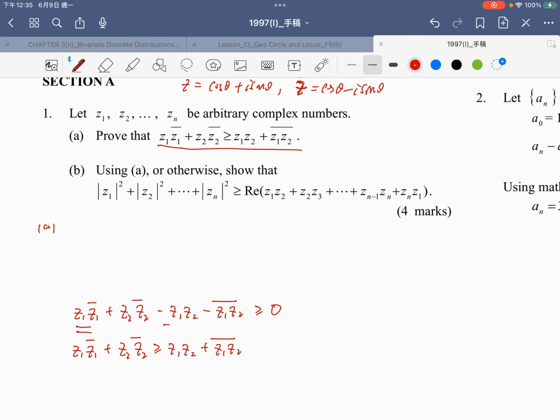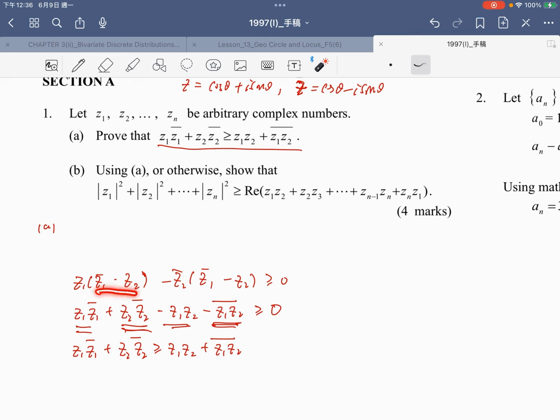Then that is minus. And for these two, I factorize the Z1 conjugate minus Z2. And for these two, I factorize the Z2 conjugate, and also factorize the left side outside, Z1 conjugate minus Z2 greater than 0.